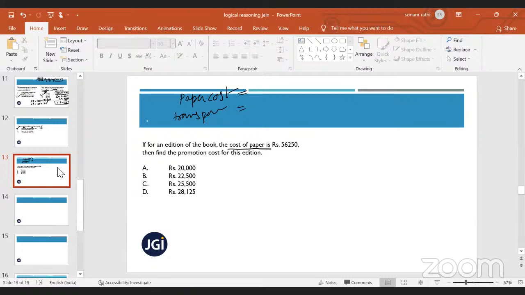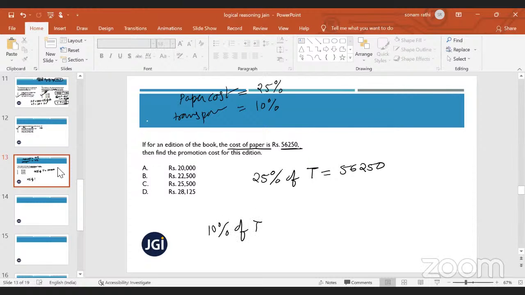Okay, so paper cost is 25% and transportation cost is 10%. So 25% is given to you. 25% of T is equal to 56250. Then you need to find 10% of T. So first find T from here and then find 10% of it.